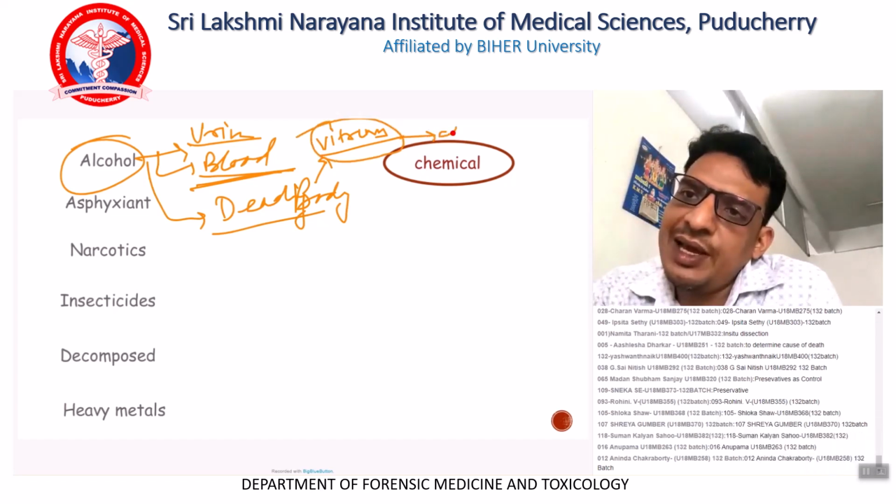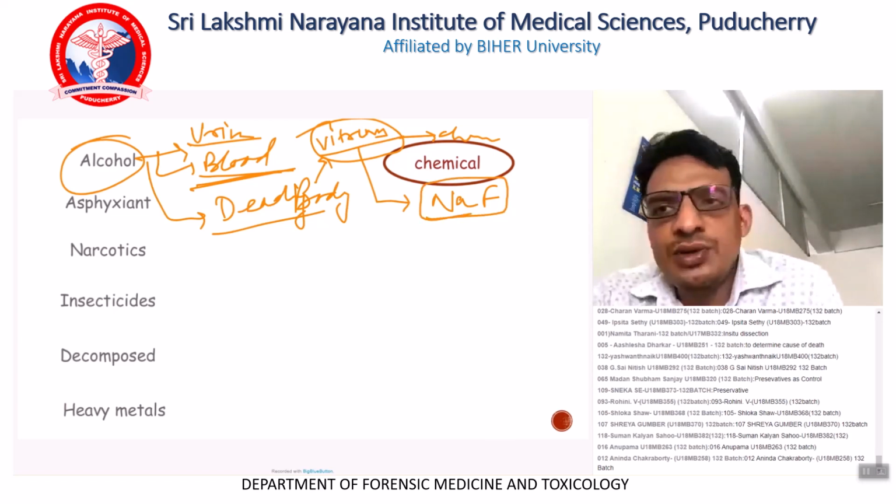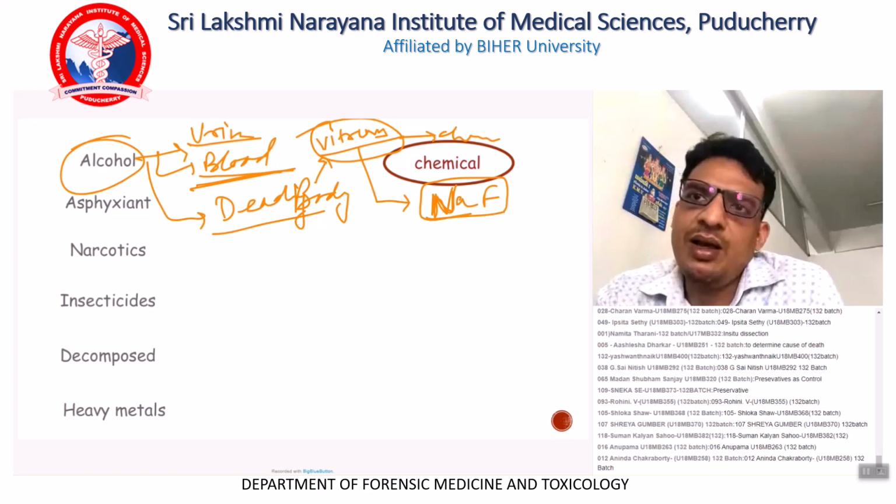Any liquid sample that you preserve at autopsy, usually the preservative of choice is sodium fluoride. So if they ask you what is the preservative for vitreous or blood or urine, usually it is sodium fluoride. For an alcohol case, in urine there can be a mercury salt, thiomersal.